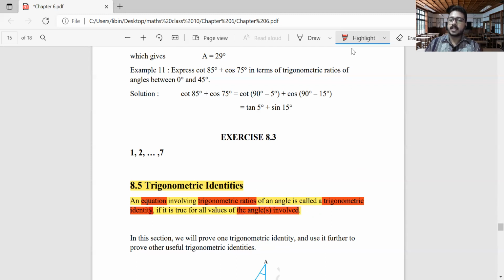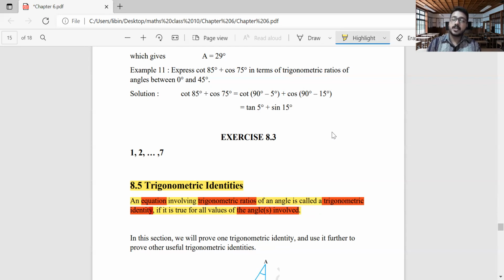Suppose we are forming an equation, and it is true for some particular values, not true for all the values of the angles. In such a case, we can't call that equation a trigonometric identity. We can call it just a trigonometric equation, not a trigonometric identity.